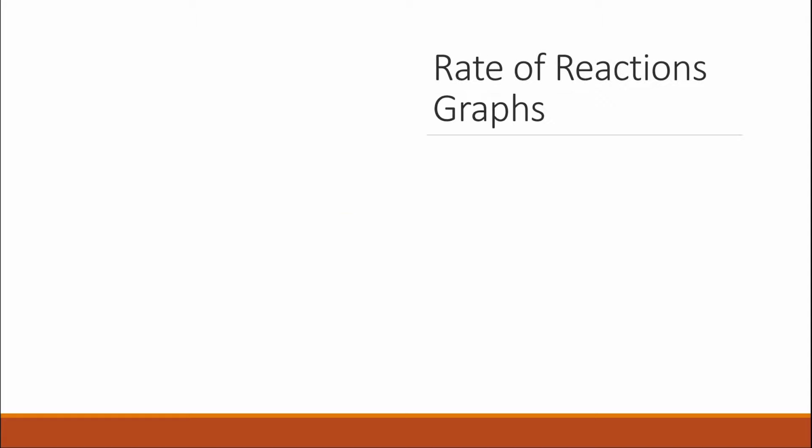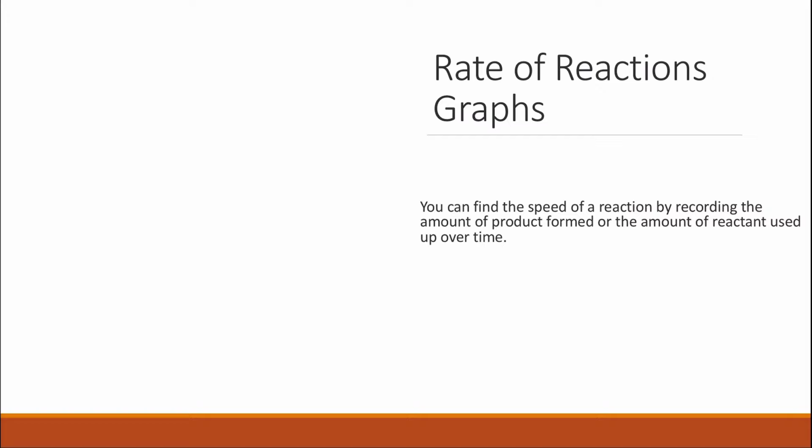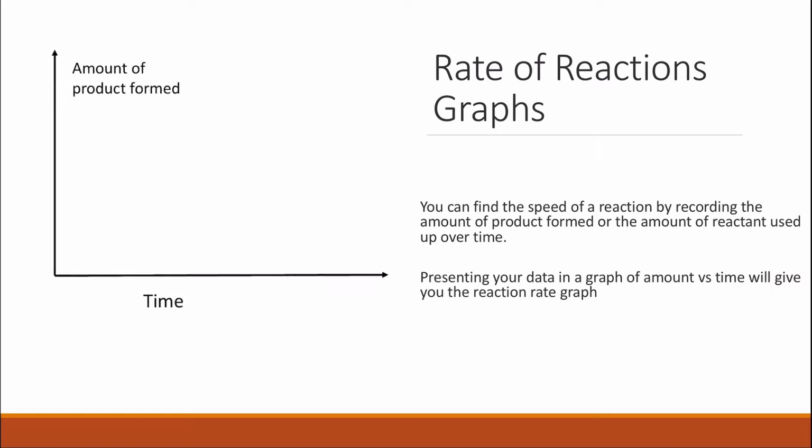You can represent the rate of the reaction graphically. You can find the speed of the reaction by recording the amount of the product formed or the amount of reactant used up over time. Then you can represent your data in a graph of amount versus time, and that will give you the reaction rate graph.